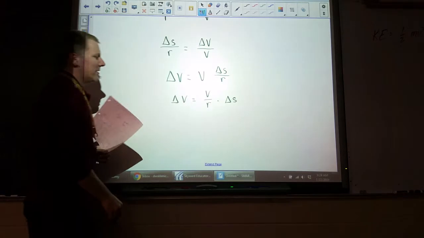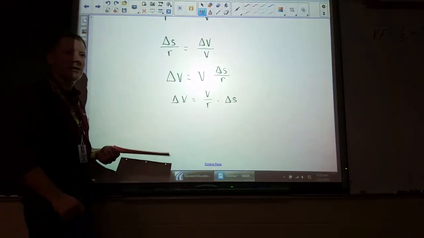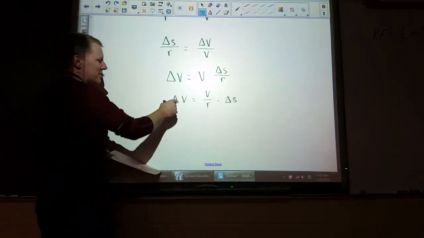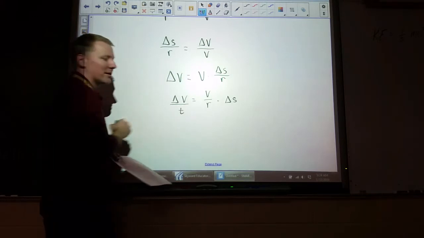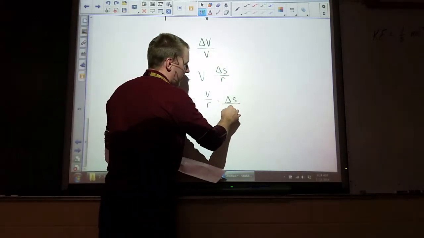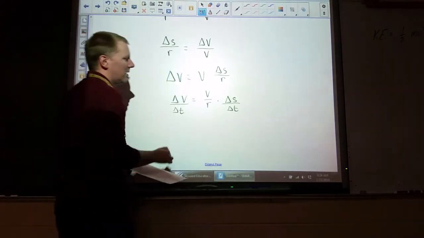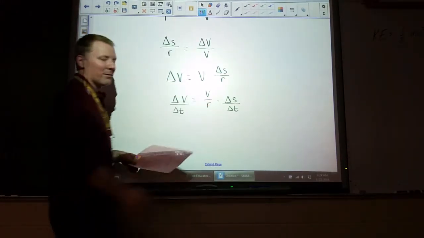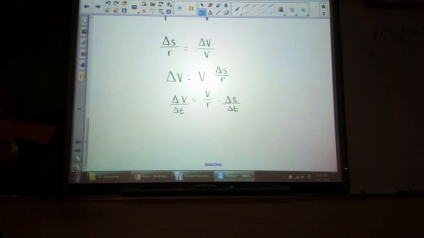Now the last part here is we were looking at acceleration. Well, this is acceleration if we divide it by the change in time that it took. And we have to do that to both sides. What is a change in position divided by a change in time? That's a velocity.